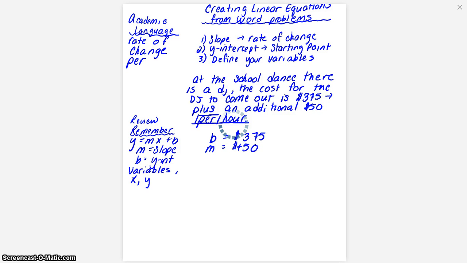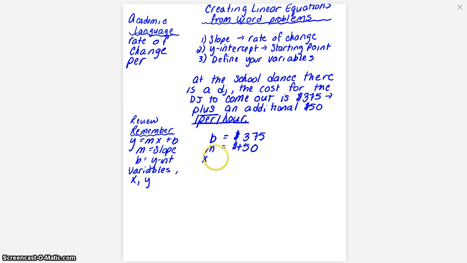We started negative. Now, the simple part is, well, let's define our variables first. Let's say our independent variable, what we already know going into it, is how much money he's charging per hour, so we know time going into it.